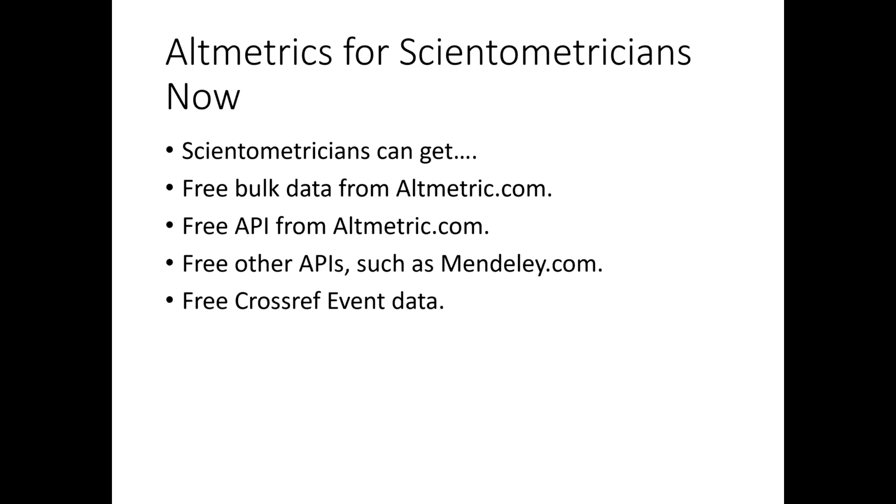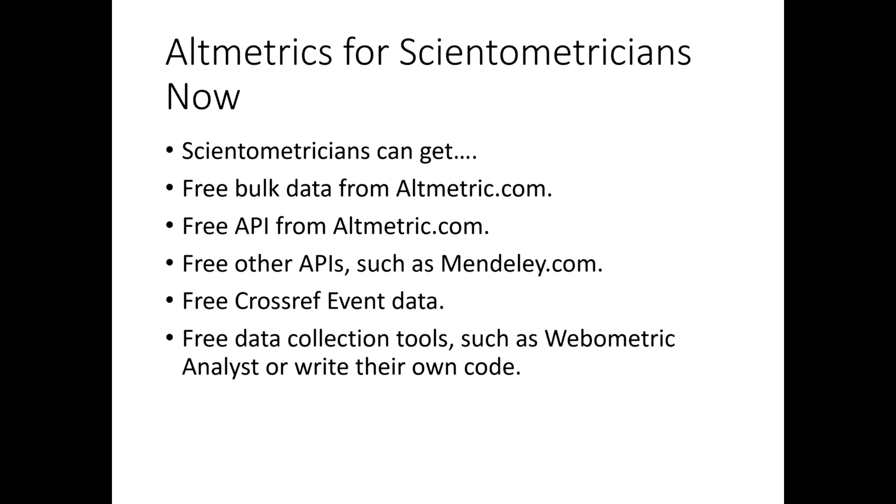And there is also free Crossref event data about citation and Altmetric type events that you can access for free. For the API solutions, you would need programming expertise to access the data and then convert it into something that's useful for your purposes.